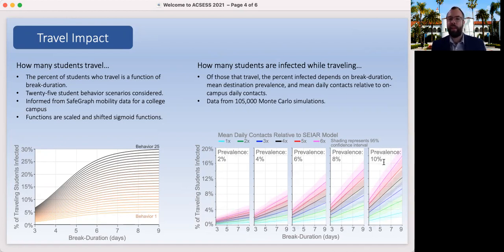Those are the prevalence rates at the destination location, which determine the likelihood of coming into contact with an infectious individual. Transmission actually happened based on the probability of transmission that was derived from our base model. And we looked at these values for break durations 3 to 9. So given an assumed daily contact rate, a prevalence rate, and length of a vacation, our model outputted the percent of the traveling students infected.